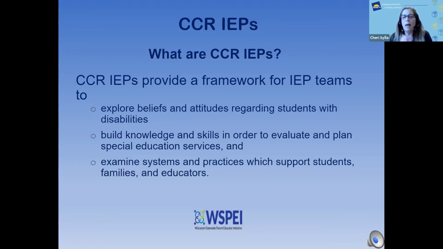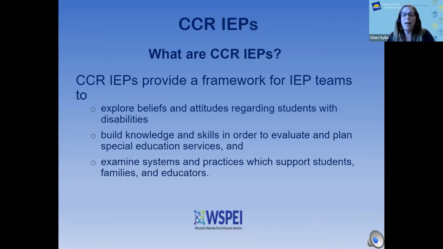DPI also wants IEP teams to build knowledge and skills in order to evaluate and plan for special ed services. We need to sharpen our knowledge and sharpen our skills to help students move from where they are right now to be college and career ready. And then finally, they wanted school systems to really examine their systems and practices for how they support students and their families and educators.